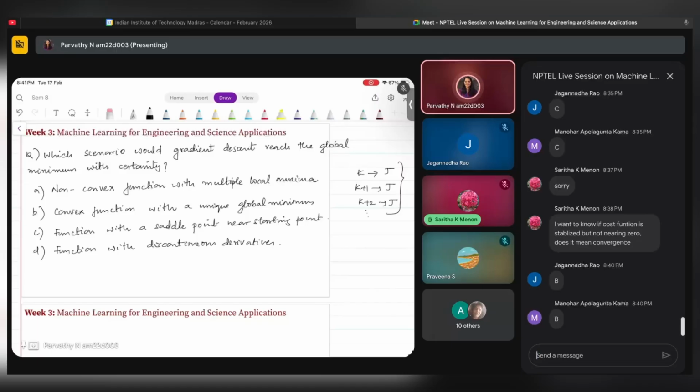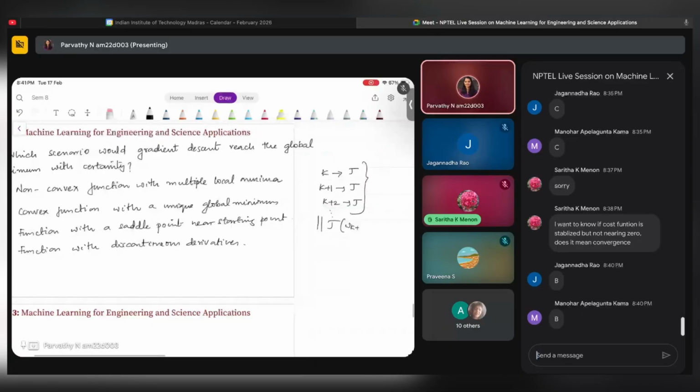One such criterion is that the norm of the change in the cost function, if it is zero or very close to zero, then we will stop. It may or may not mean convergence.